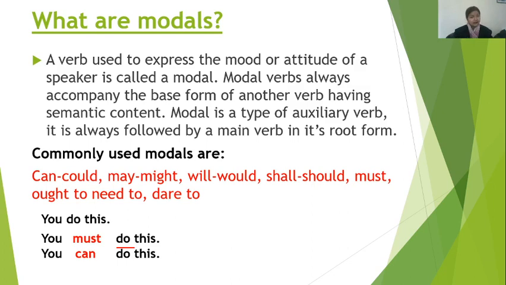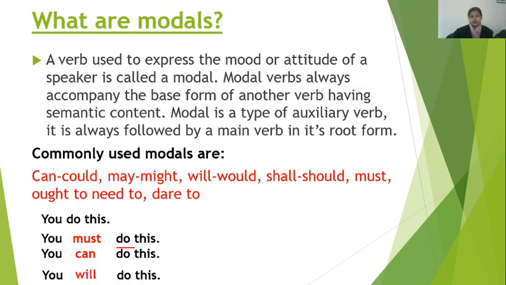So you can very easily understand this: when I say you must do this, I am talking about something that is morally important. But when I say you can do this, here I am talking about the ability of a person, that the person can do this. Okay, now let's make a little change to it. This time I am going to use will.